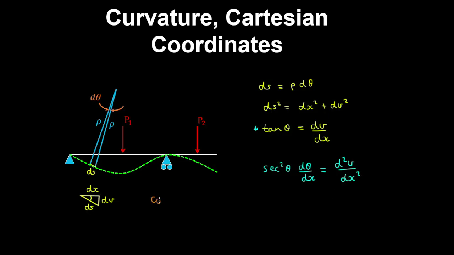And applying the following trig identity of cosine squared theta plus sine squared theta is 1, if we divide through by cosine squared theta, we get 1 plus tan squared theta is sec squared theta. And tan squared theta is simply (dv/dx) squared.